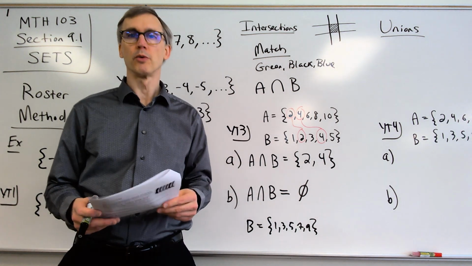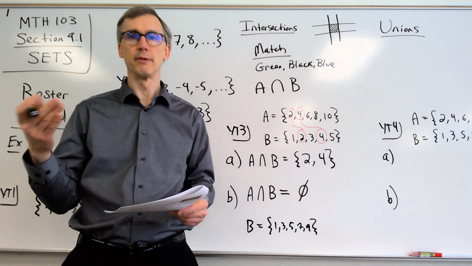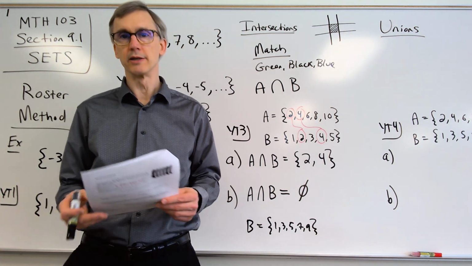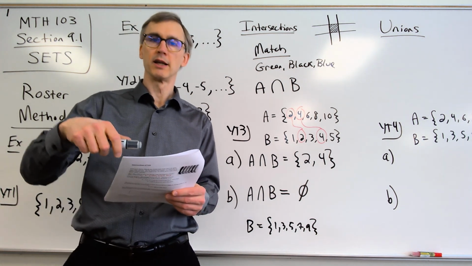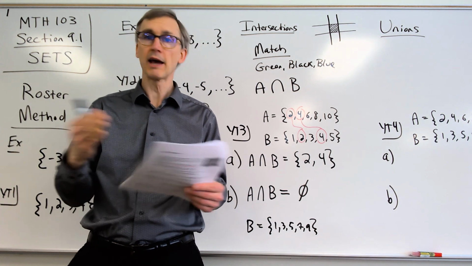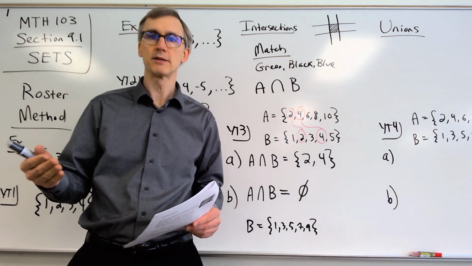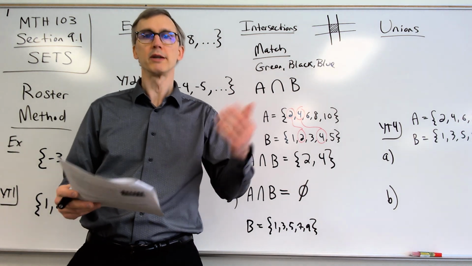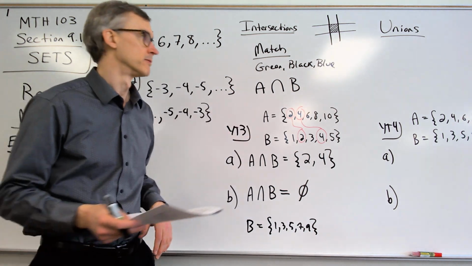And we don't want to limit it to one location. We want to list all the brands available at either location. And that's what the union is. It's any element that's in either of 2 sets. It doesn't have to be in both of them. It just has to be in one. As long as the skis are available at one of the locations, we can tell the customer that they're available.